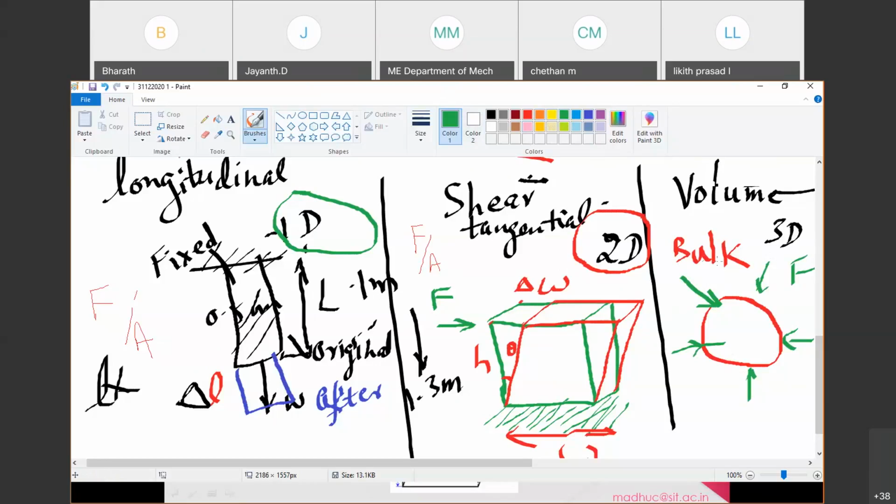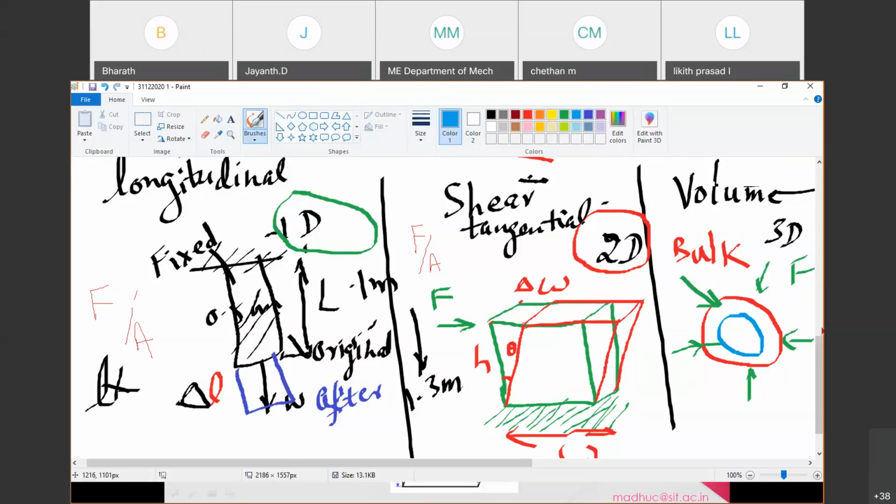The red one is the original size. Then the shape of the ball will change to this one. It has shrunk in volume. This is what we call bulk stress.